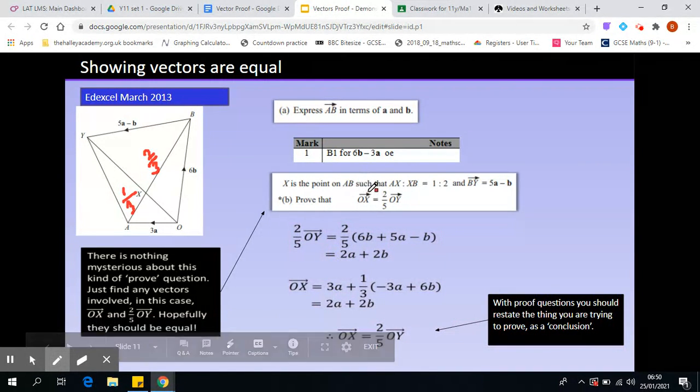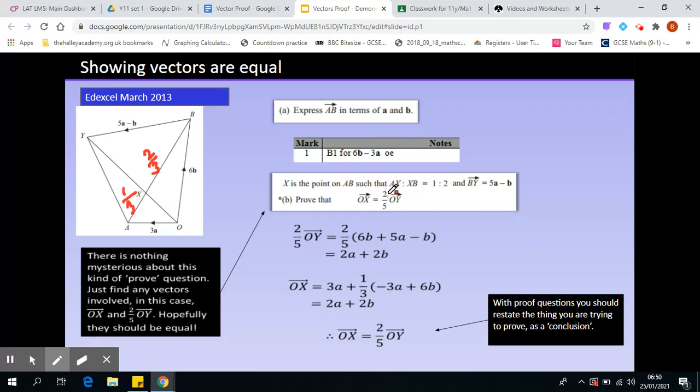Now, it's asked, prove OX is 2/5 of OY. I'm going to start with OY.